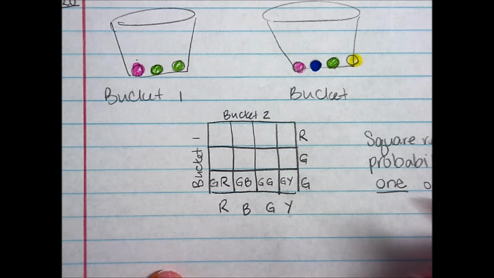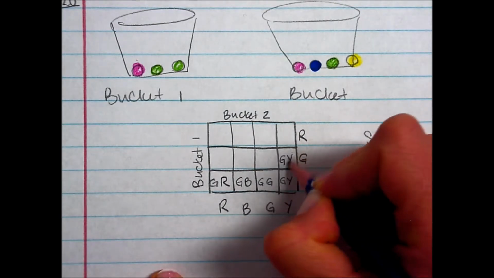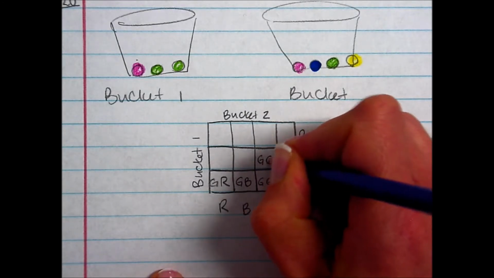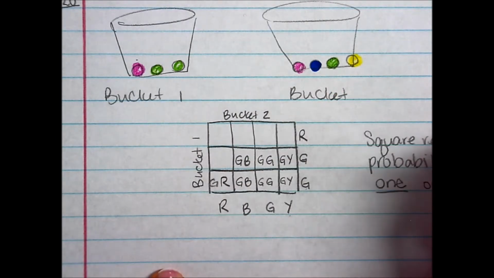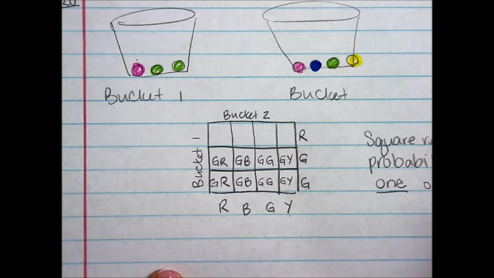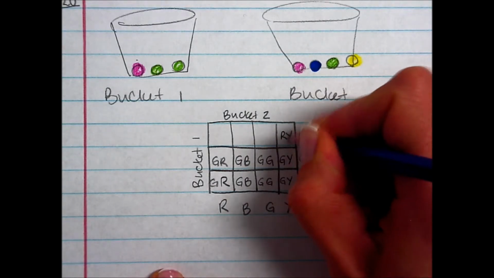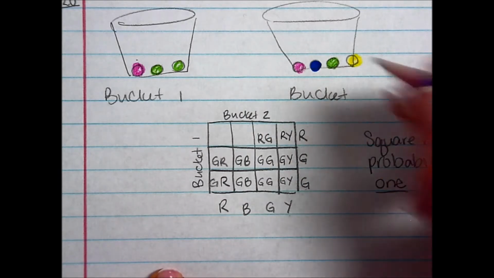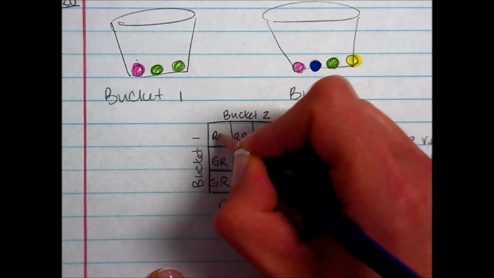Okay, and the next row, we would have a green, then yellow. Green and green. Green and blue. Green and red. Then I could choose a red, then yellow, a red, then green, a red, then a blue, or a red and then another red.